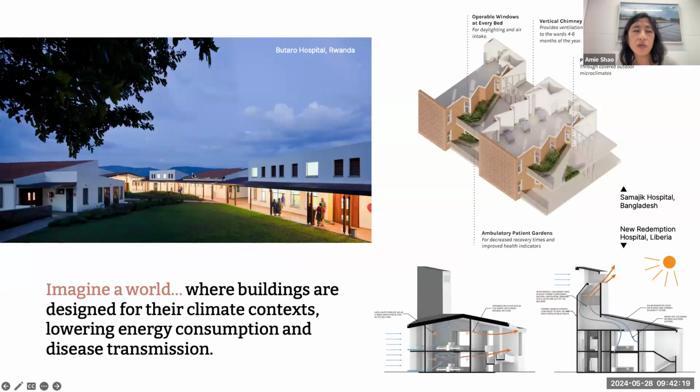So these photos from Butaro Hospital in Rwanda, a hospital that is soon to be under construction in Bangladesh, and one that is just completing construction in Liberia, are all examples of ones where you harness cross ventilation, stack ventilation, et cetera, to try to make those buildings more suited to their climate and lower the carbon footprint.